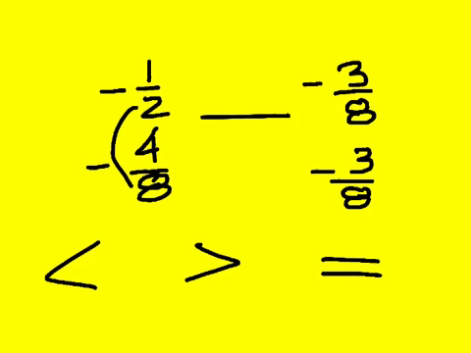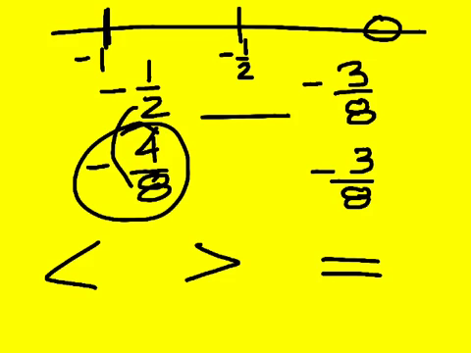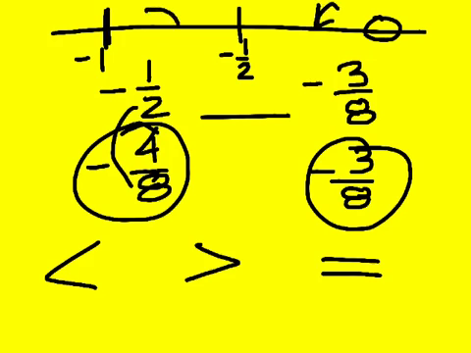So now, negative 4 over 8 or negative 3 over 8, which one is greater? This is the 0 on the number line. This is negative 1. Now a negative 4 over 8 would be exactly half through there. That's negative 1/2. Remember, that's the same as negative 4 over 8. So would the negative 3 over 8 be on this side or this side?